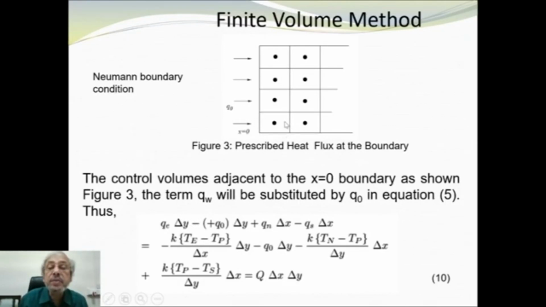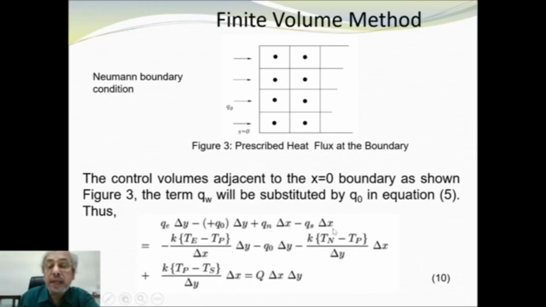Any cell we take, through the eastern phase, QE into delta Y. Through the western phase, we can write Q0 into delta Y, which is coming in, and then Qn into delta X through the northern phase minus Qs into delta X through the southern phase, and then QE we explicitly write as minus thermal conductivity K into T minus Tp by delta X, with a negative sign.